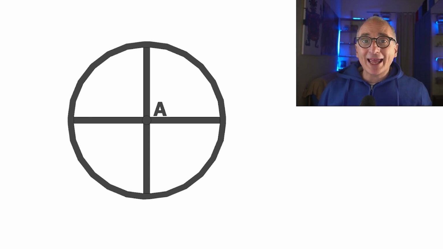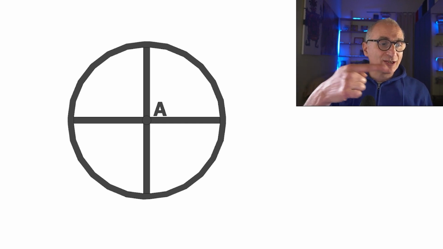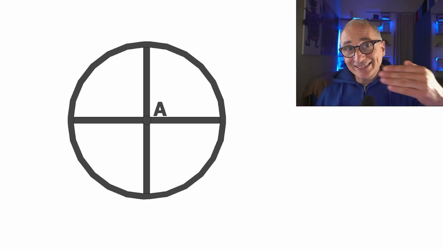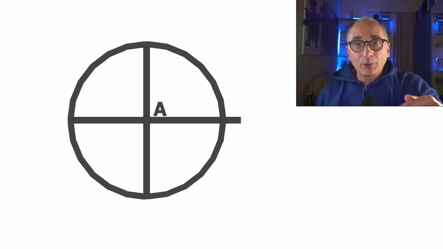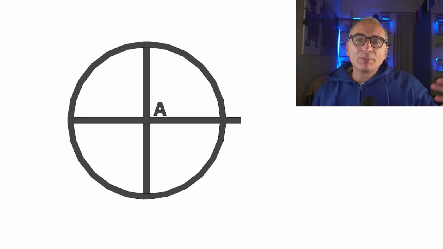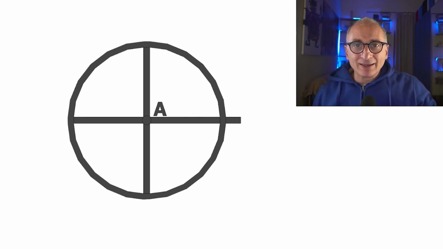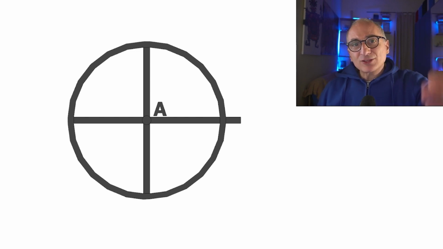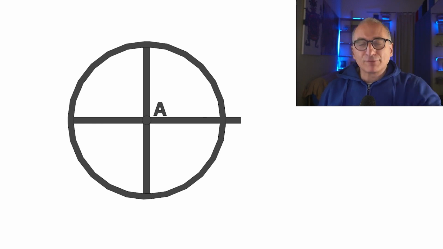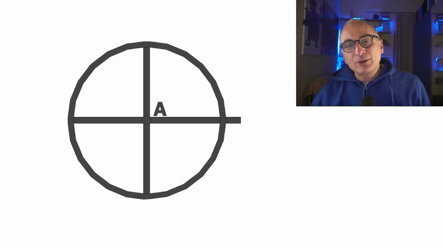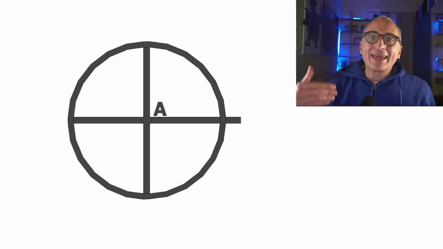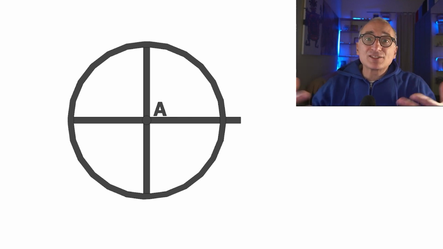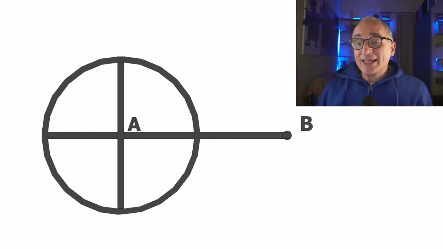If we start from A and we go to the east, and if we keep on walking, we will reach a point which is diametrically opposite to A. Let's call it B. It's on the other side of the sphere, on the back side. So if we keep on walking east, we will reach that point. But I don't want to draw point B behind A, because otherwise I'm drawing a sphere again. I'm gonna draw B over here, which is easier.